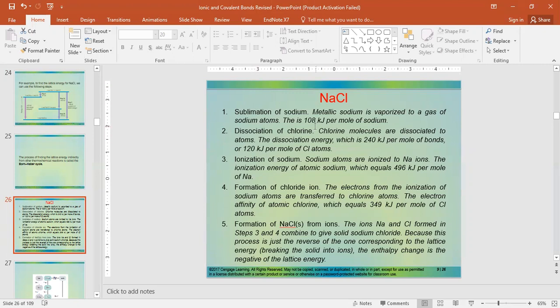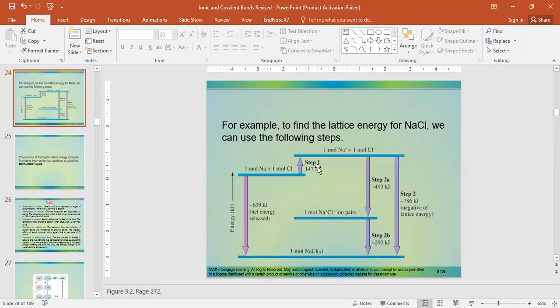Yes, Anastasia? I wanted to ask, for the two to react, in this first step, it is endothermic. So does it mean they are being dissolved in water or something so they can form those ions? Or do they just react?